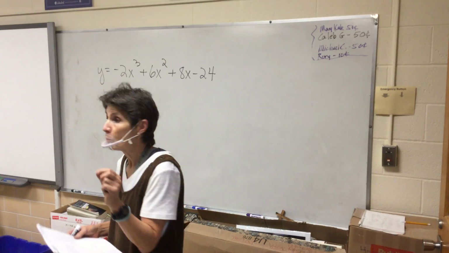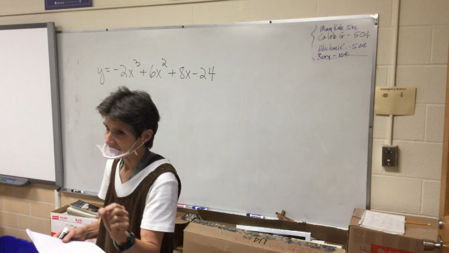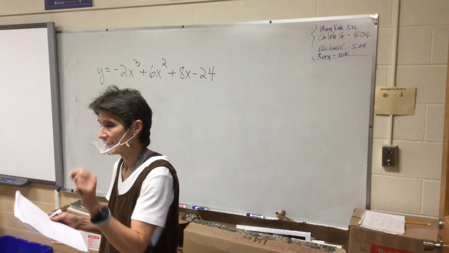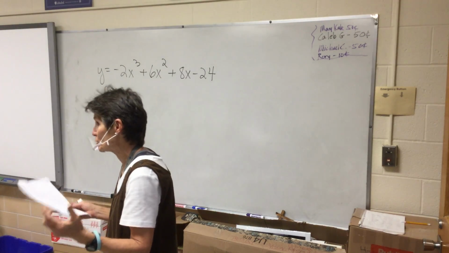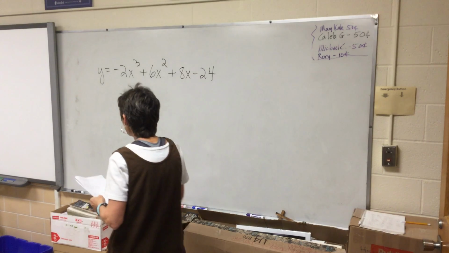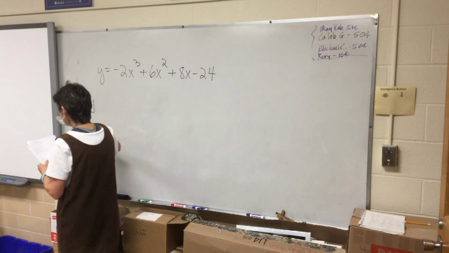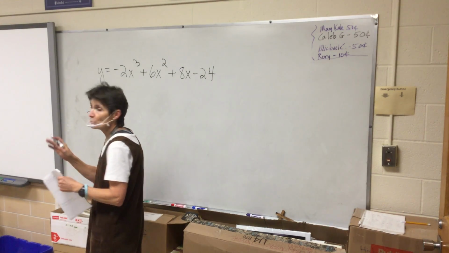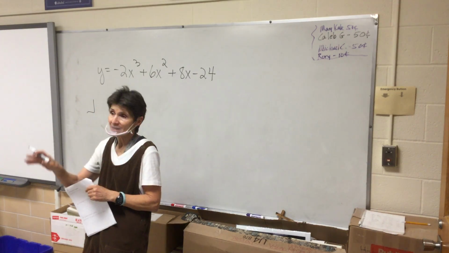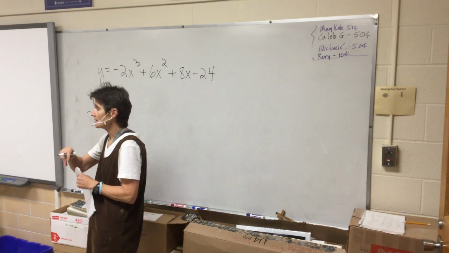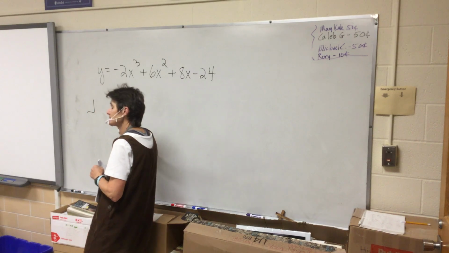Now, what I don't want you to think is synthetic division and long division, because those are 2 different ways, but they're both just division. So one way to find the remainder is to divide, whether synthetically or with long division. I'm going to do it synthetically.